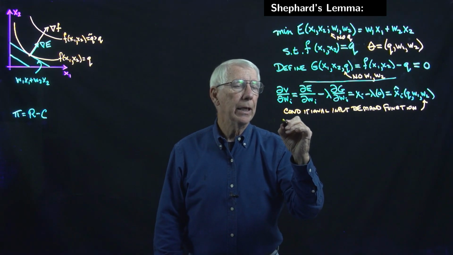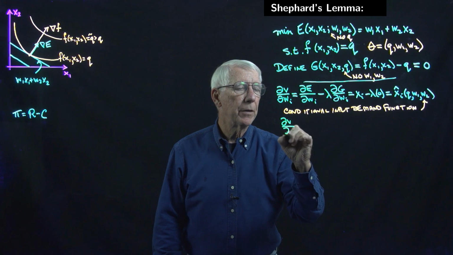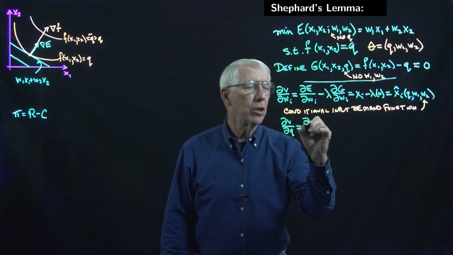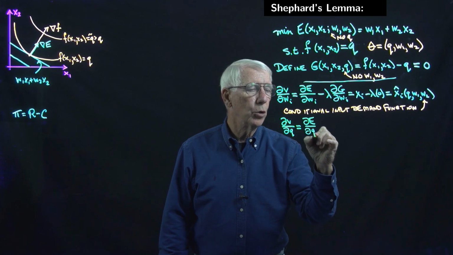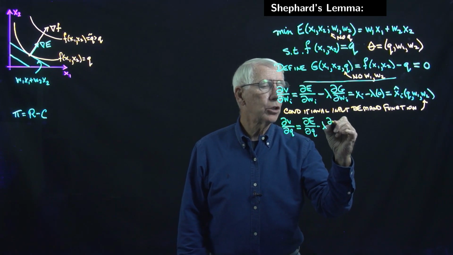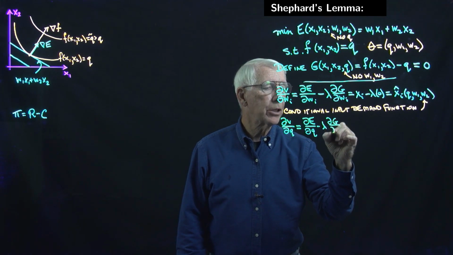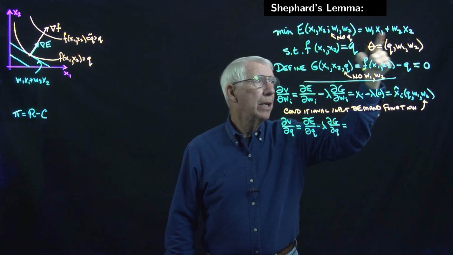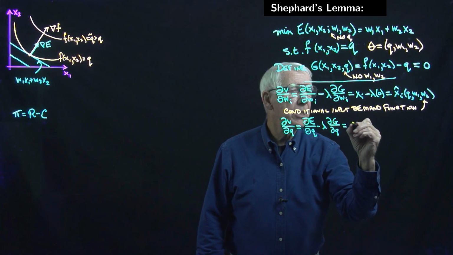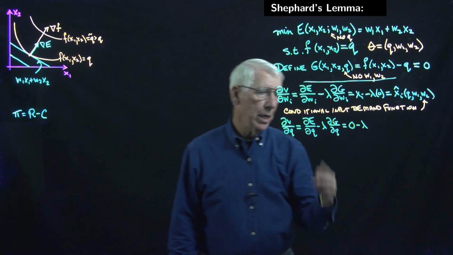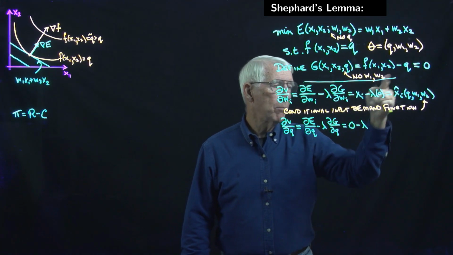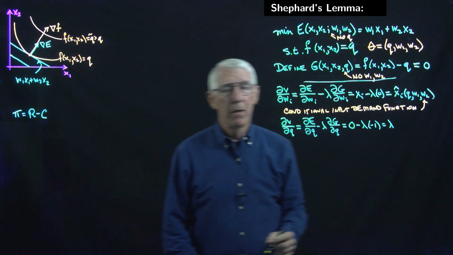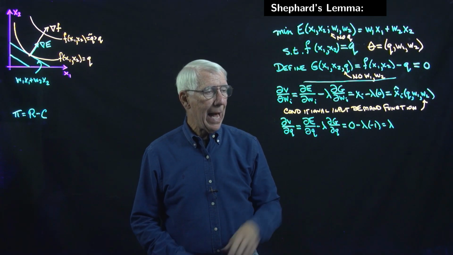Let's look at the derivative of the value function with respect to the other parameter, the Q, the target output level. That's going to be partial of E with respect to Q minus lambda partial of G with respect to Q. The expense function doesn't have any Q in it, so this is going to be 0 minus lambda, and the partial of G with respect to Q is just minus 1. So we have here just lambda, the value of the Lagrange multiplier at the solution.